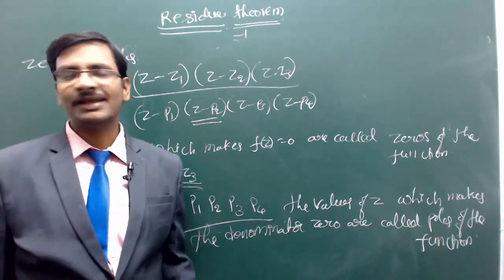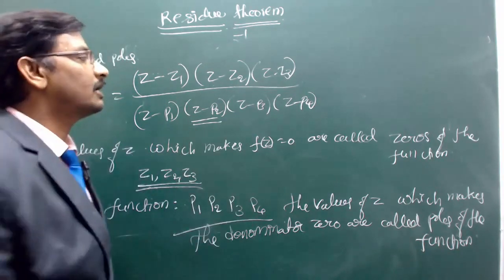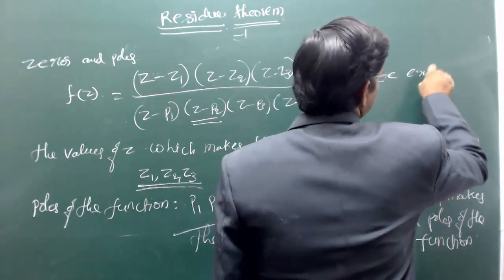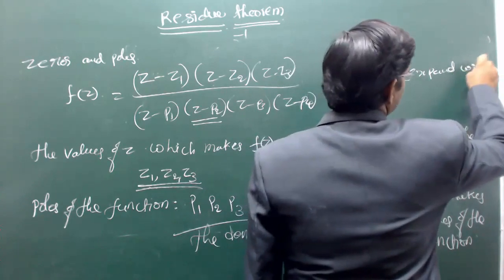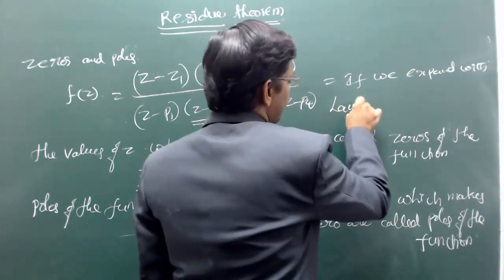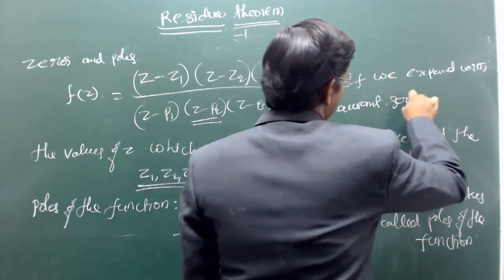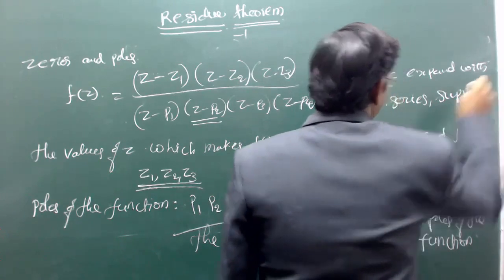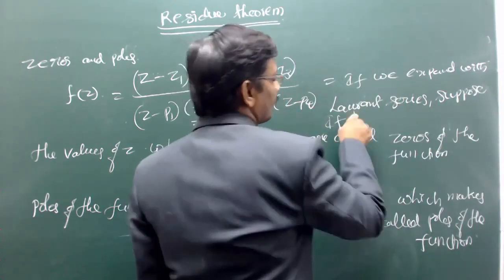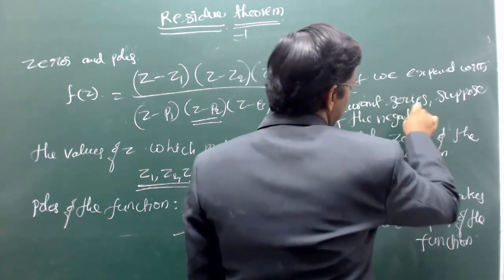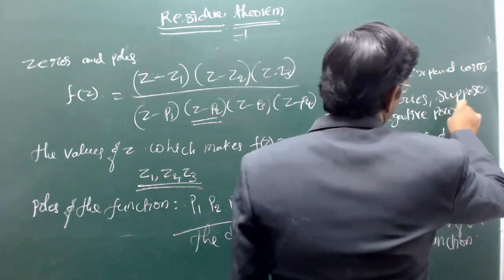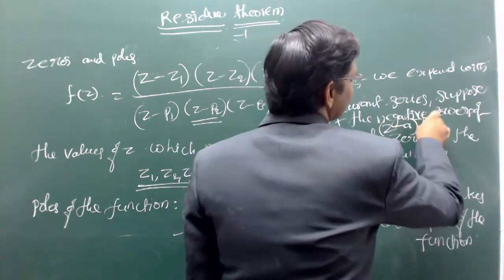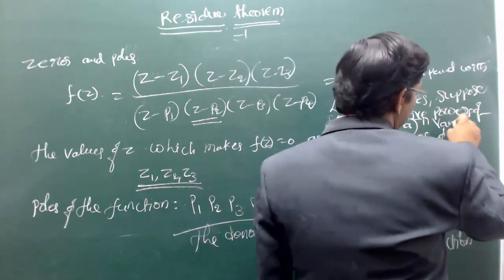Now, the relation between a Laurent series and this order is this: if we expand with the Laurent expansion, the negative powers of z minus a whole power minus n vanish after n.